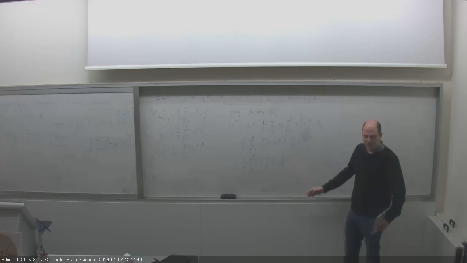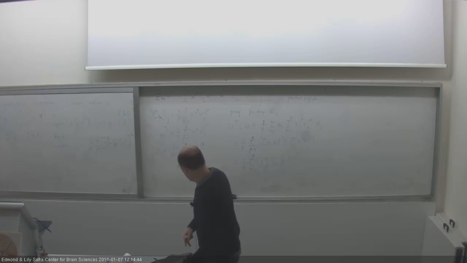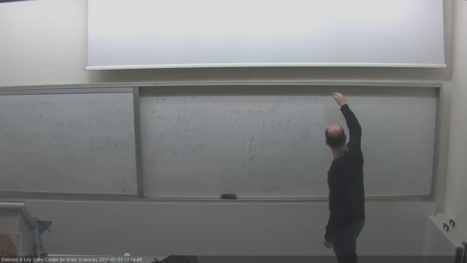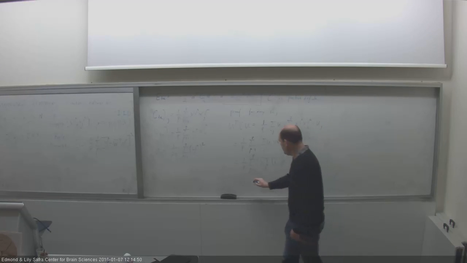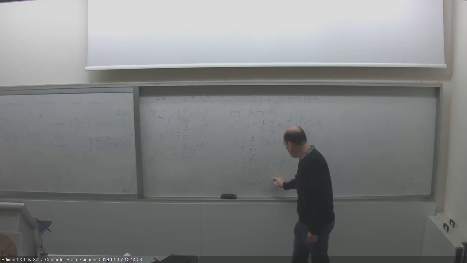Now the question is, can it be 0? So when is it 0? This is non-negative. And furthermore, it's 0 if and only if U is orthogonal to all the x^mu in our sample.